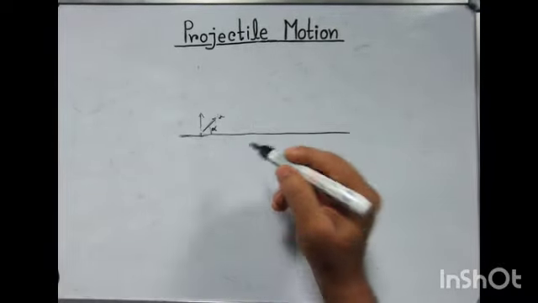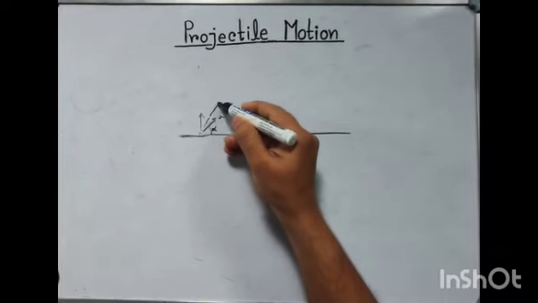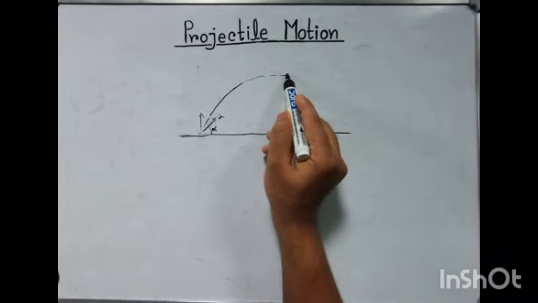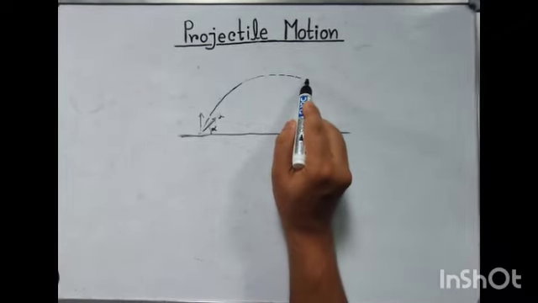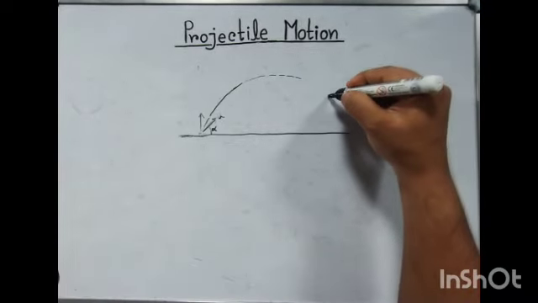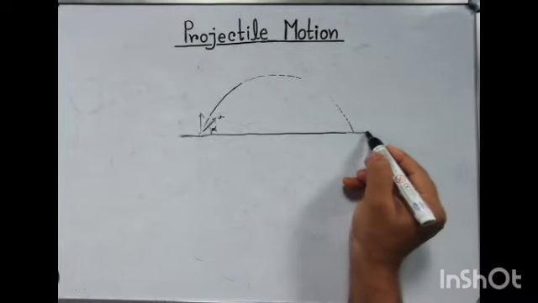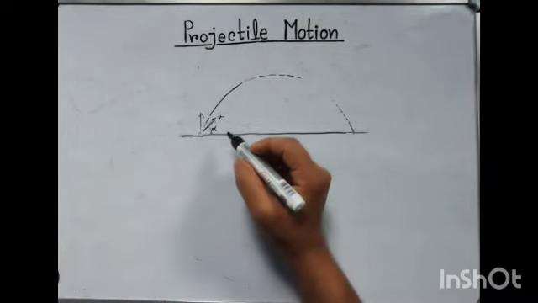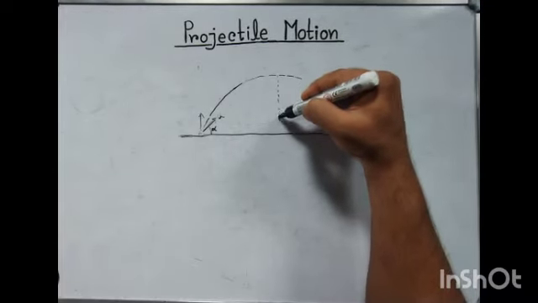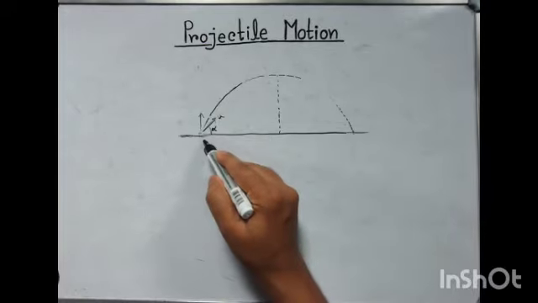Okay, now this ball will follow a trajectory like this. So this will gain a height and a horizontal range.